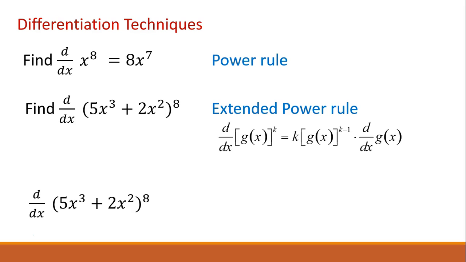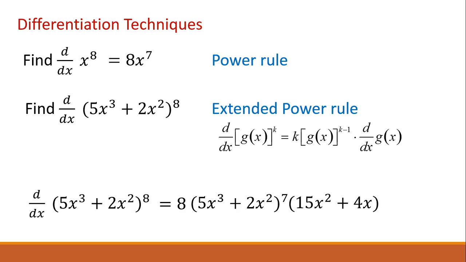Well, the first part of our extended power rule says we're going to bring the power down front, so there's our 8, times that same base to 1 less power, but now we have to take that times the derivative of the base. So the derivative of 5x to the 3rd is 15x squared, and the derivative of 2x squared is 4x.